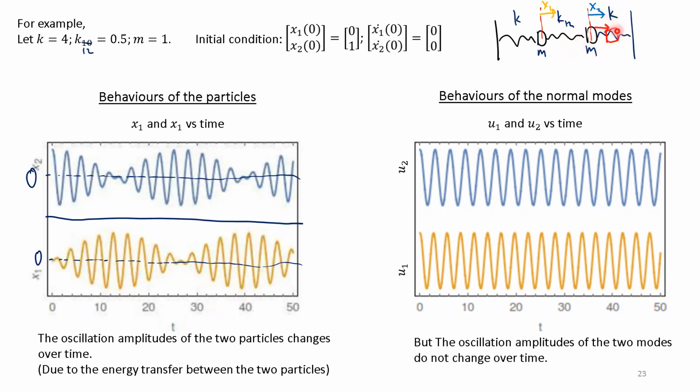As time evolves, the oscillation amplitude is decreasing because some work is being done to the other mass, so to make it start moving.